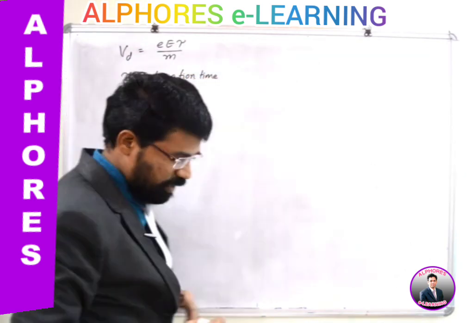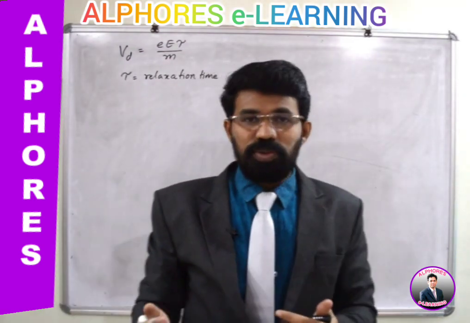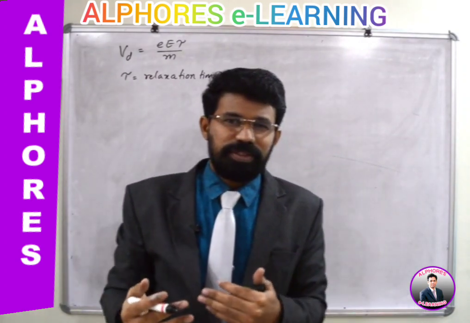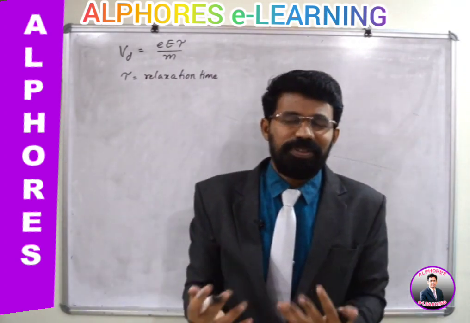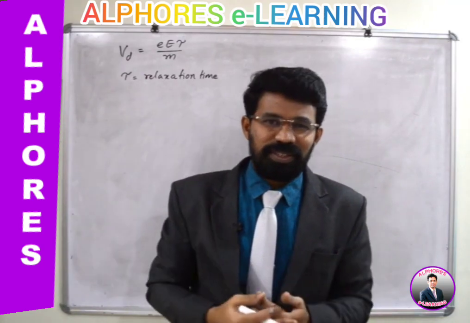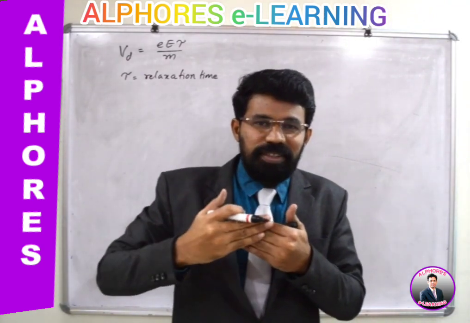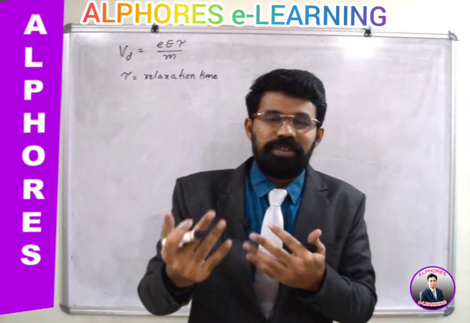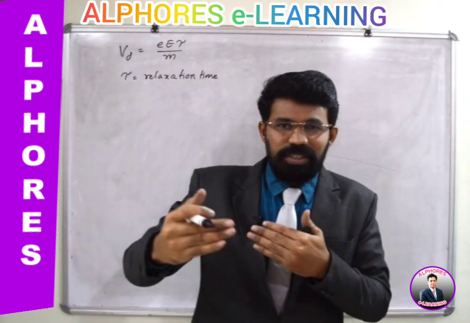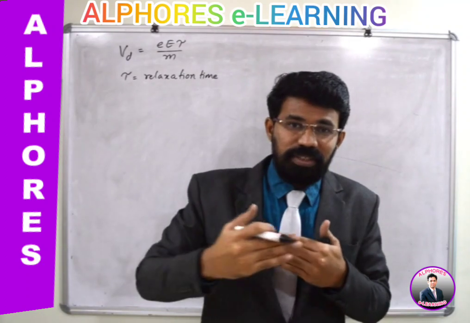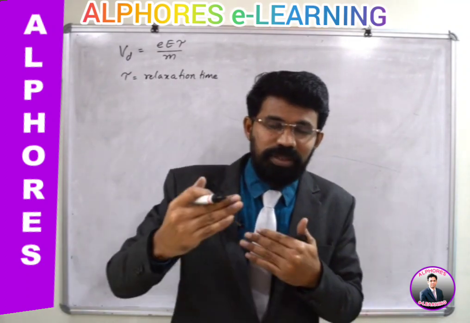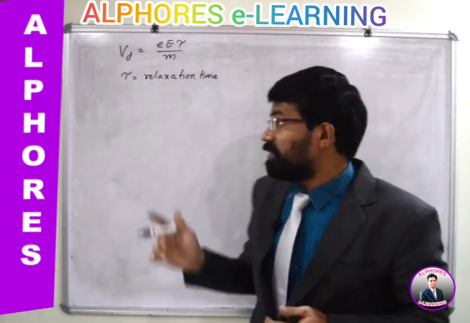Relaxation time is the time taken by the electron between two successive collisions. Continuously it suffers collisions with the atomic sites, and between one collision and the other, it moves without any other collision, without any disturbance. Whatever time is associated with that journey between two consecutive collisions is called relaxation time.